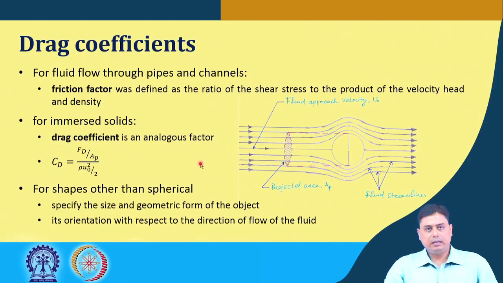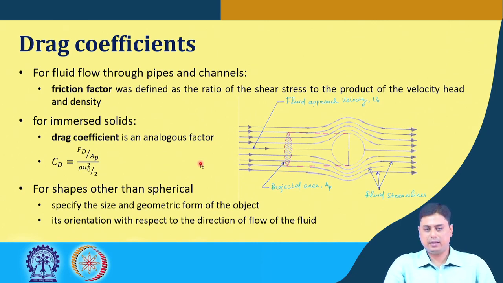So similar to the concept of friction factor, which you have studied: when there is a flow in pipes or conduits, you have heard the term friction factor. Friction factor was defined as the ratio of shear stress to the product of velocity head and density. So this ratio was defined as the friction factor.